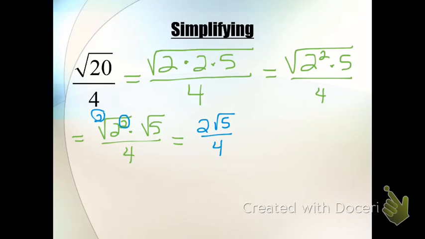And here's something new. If you have something like this, you have a 2 and a 4 making a fraction, you're going to reduce that just like you always have. 2/4 reduces to 1/2.